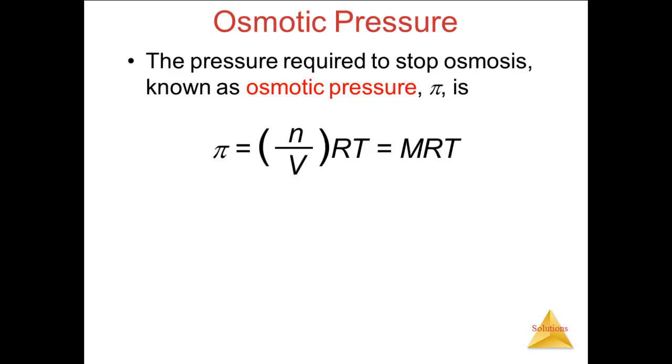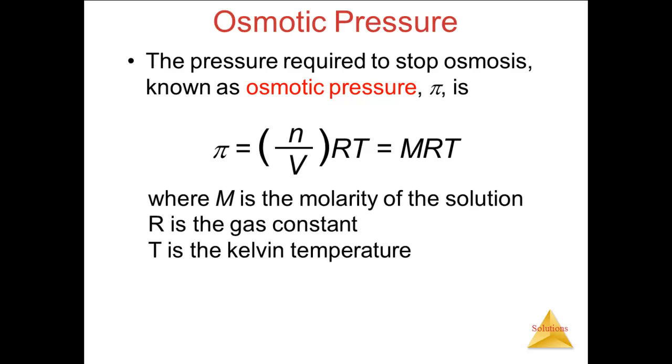The osmotic pressure, symbol pi, is calculated using the equation shown on this slide. Pi equals M times R times T, where M is the molarity of the particles in the solution, R is the gas constant, and T is the Kelvin temperature.